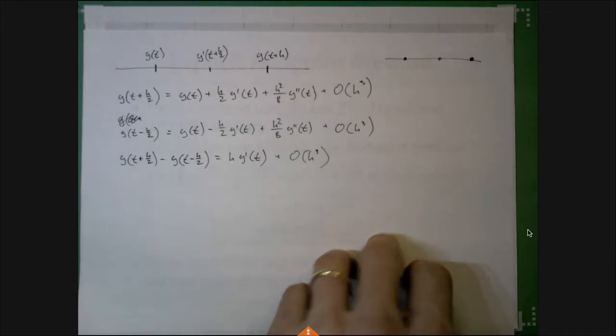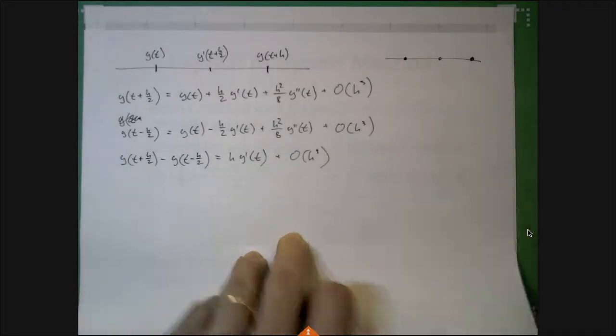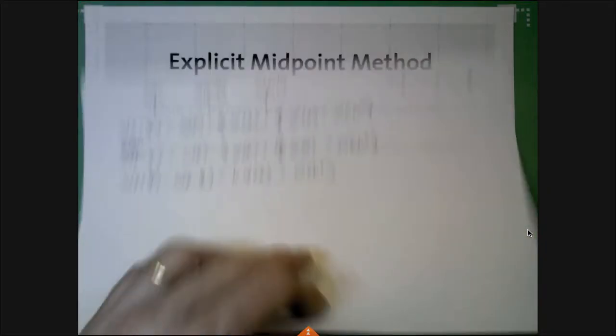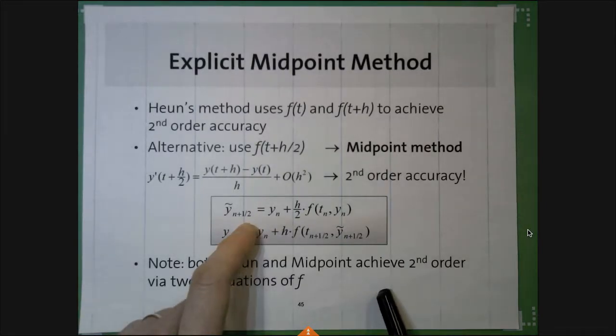Okay, so where are we? The midpoint method. The midpoint method takes advantage of this fortuitous cancellation of central differences, and it's also more aesthetic, right? It's not biased to the left or to the right. It's symmetric, which is beautiful. So what it does is an interesting thing.